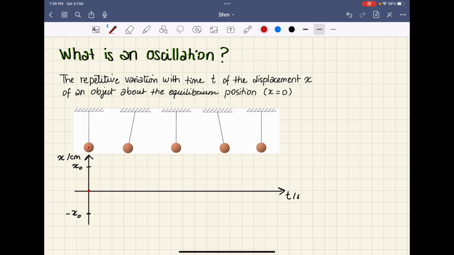This is the point where we started the pendulum. The pendulum will reach the maximum displacement somewhere here, then go through the equilibrium position again, and then reach a maximum displacement, this time on the other side, approximately here, and then back to the equilibrium position.